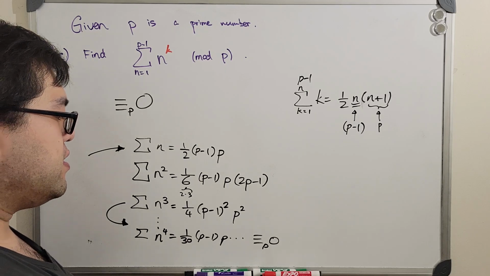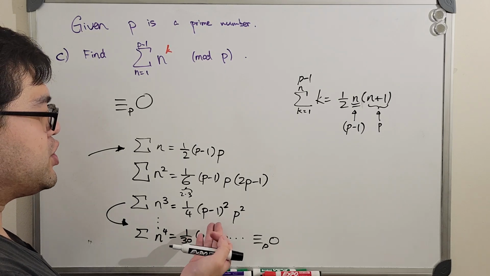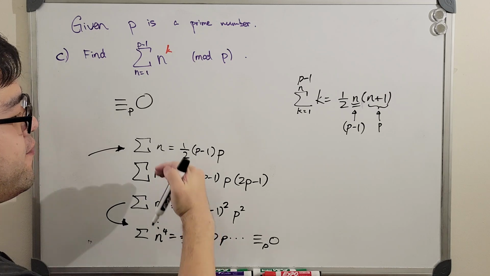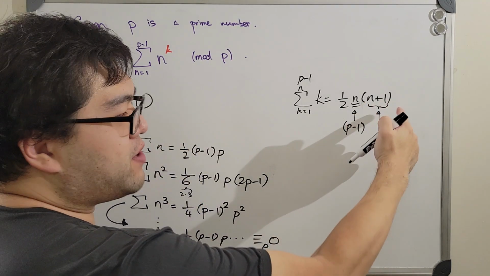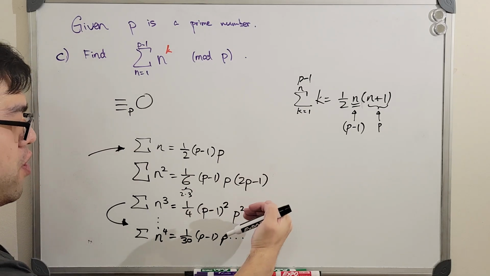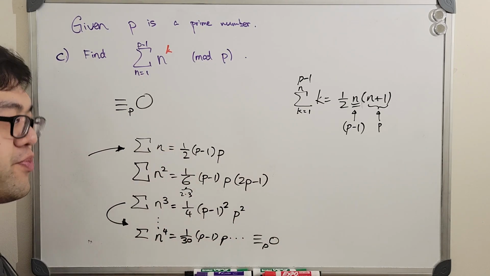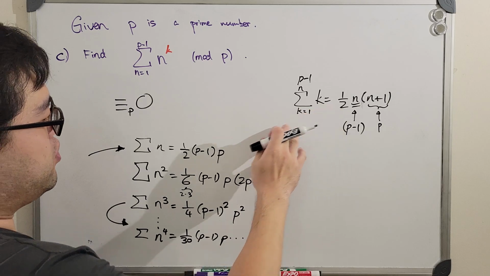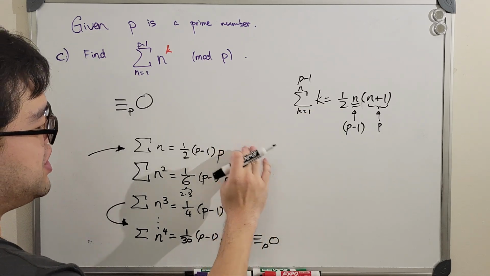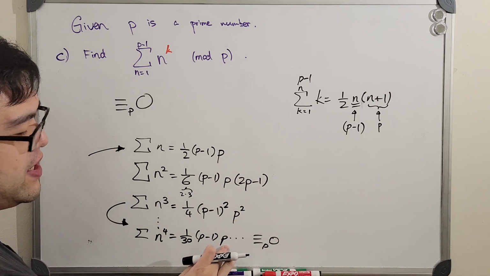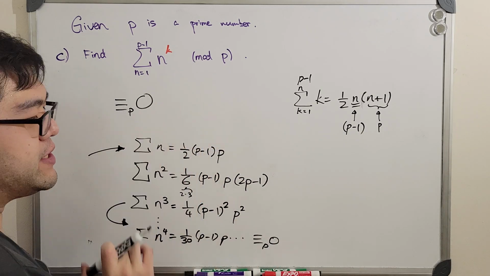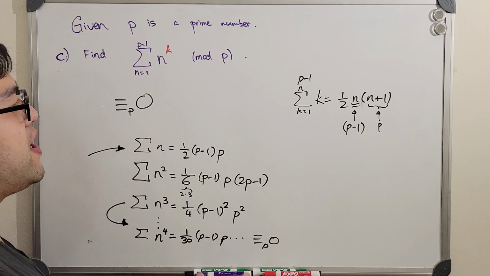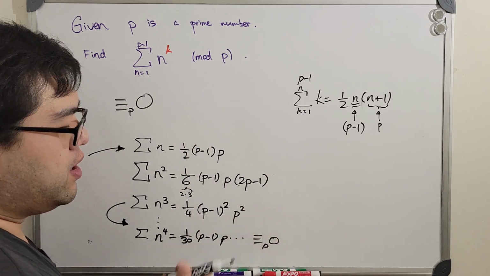So if you watch that video again, you will see how we can actually guarantee that not only the n term will show up on the right hand side for all the summations, but the n plus 1 term will also pop up for all the sums. Therefore, we can guarantee that no matter what positive integer powers we're taking, we will be able to get a factor of p, the prime number here, so that we'll be able to divide by p and end up with zero remainder.